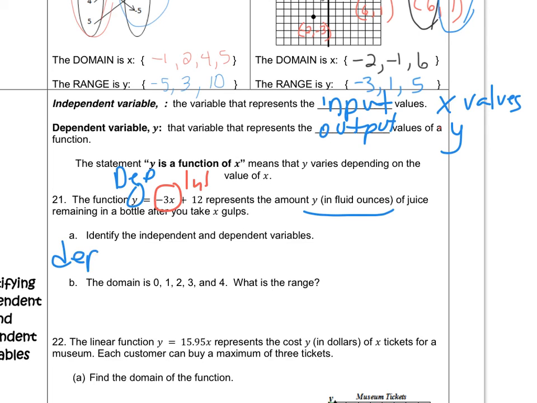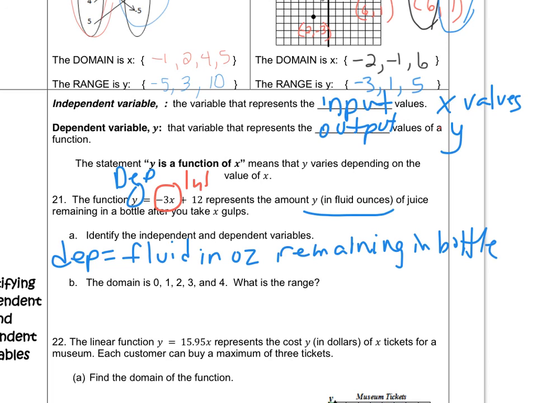So our dependent is the fluid in ounces remaining in the bottle. And how much fluid is left in this bottle depends on our x. And our x is the number of gulps you take. So our independent is gulps. So how much fluid remains in your bottle depends on how many gulps you took. That's our independent and dependent relationship.